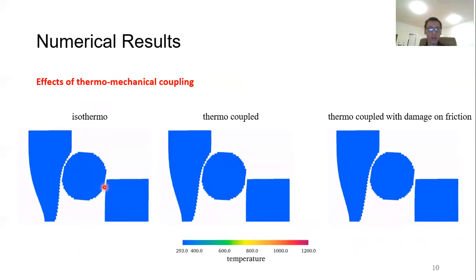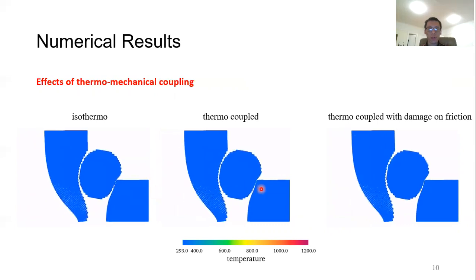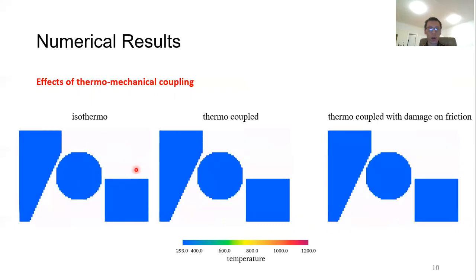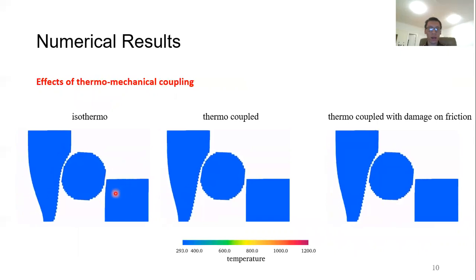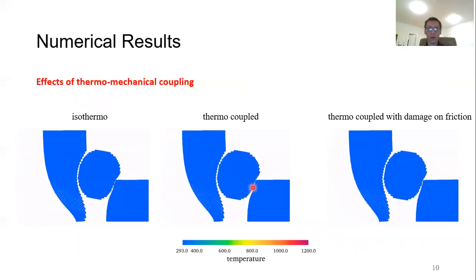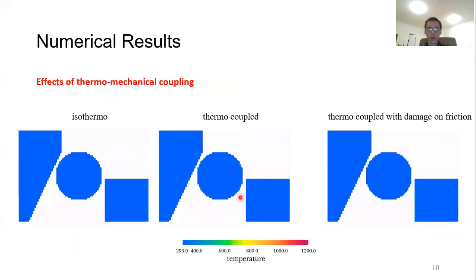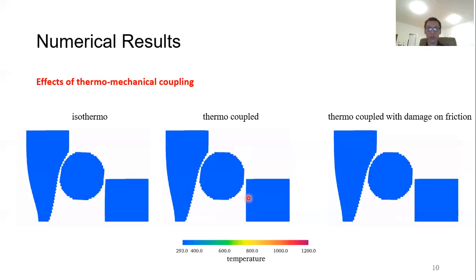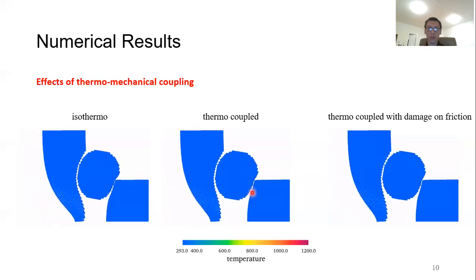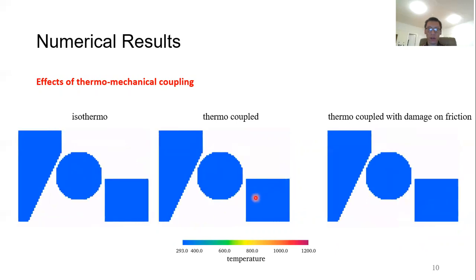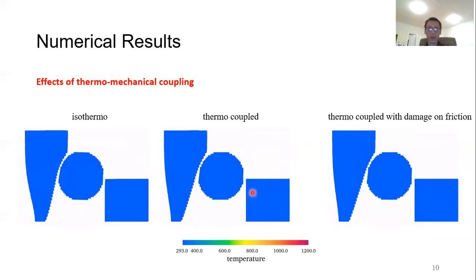So here we can see that for the isothermal and thermocouple conditions, this disk cannot really go onto this step because it cannot overcome the friction here. But in the thermocouple condition, we actually have a large temperature accumulation near this contact surface. It could be around 900 degrees.